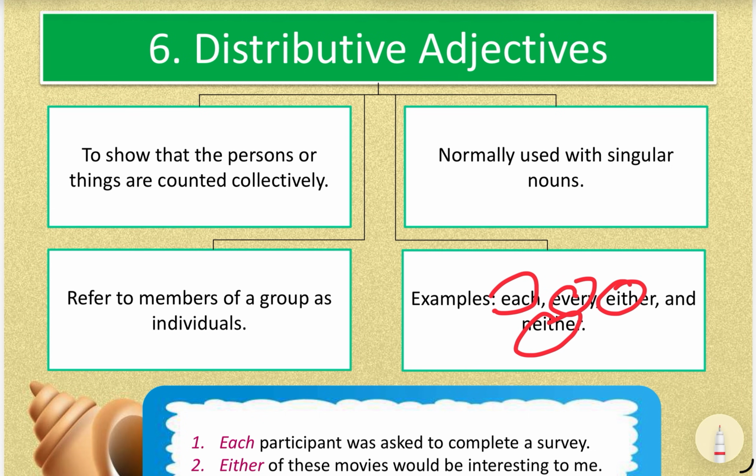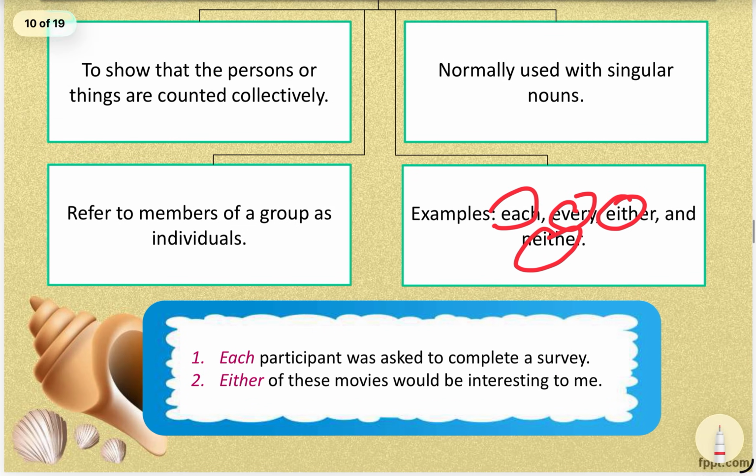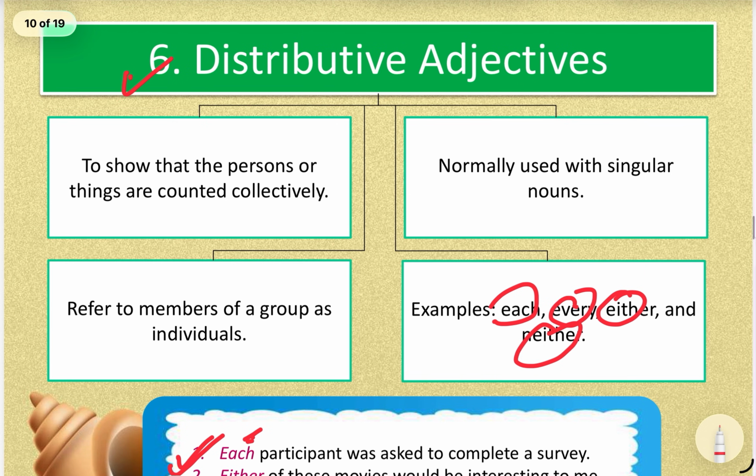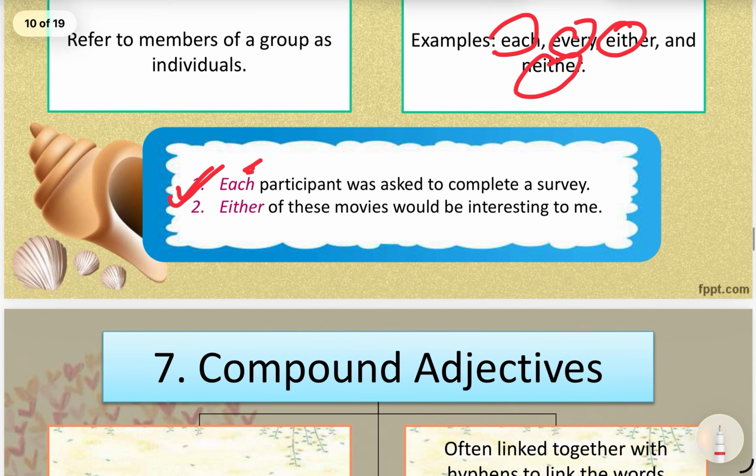These words are distributing the collection. Example: each participant was asked to complete a survey. Each participant. This each is a distributive adjective.